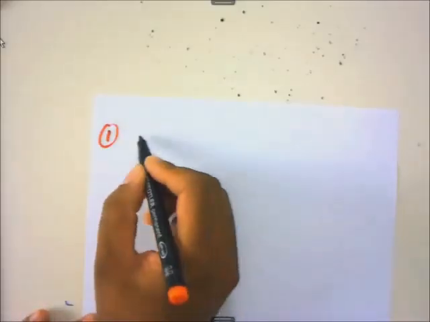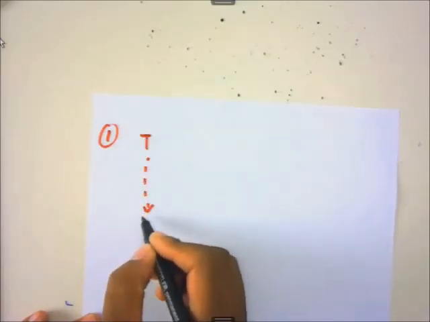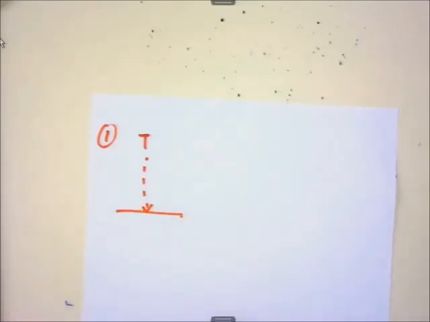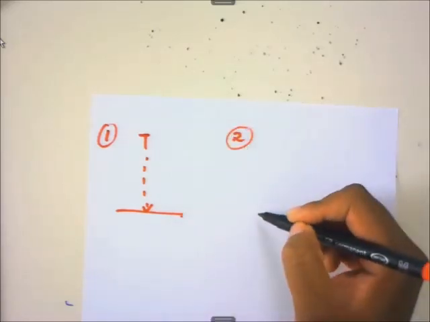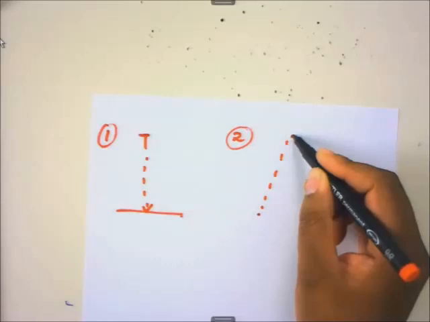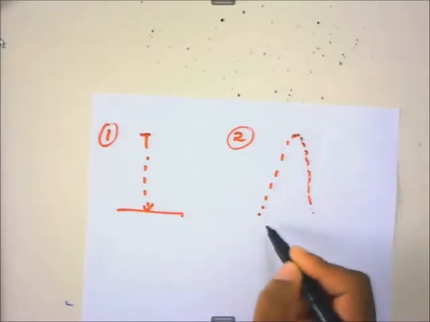Now let's look at the different types of motions that we have. Number 1, the ball can be projected from the top of the hill downward. Then projection number 2, the object can be projected from the ground and then reach the maximum height and move again down to the ground.